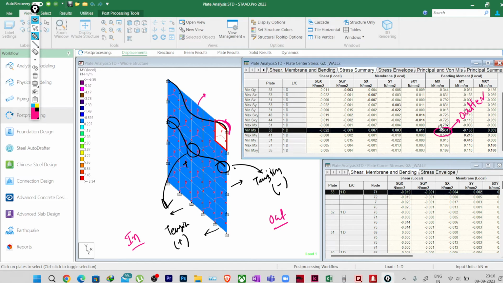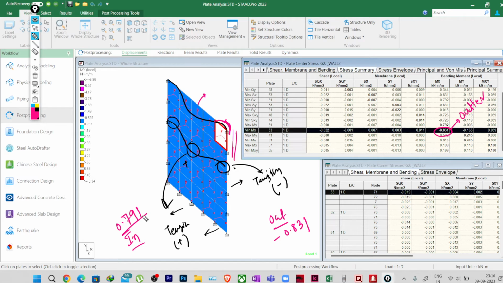So for this moment we will be providing the outer reinforcement. Here it is minus 0.831, and here it is 0.791. I hope it is clear to all of you.